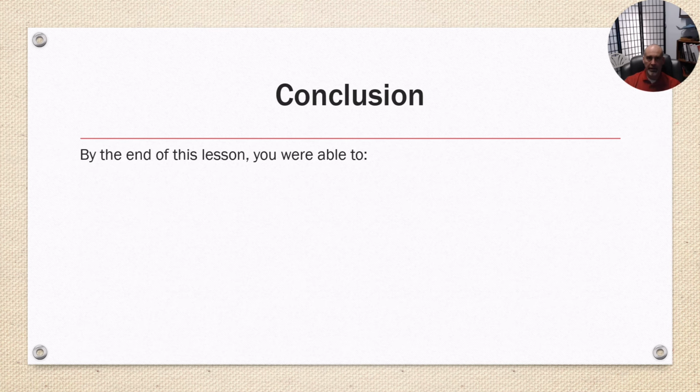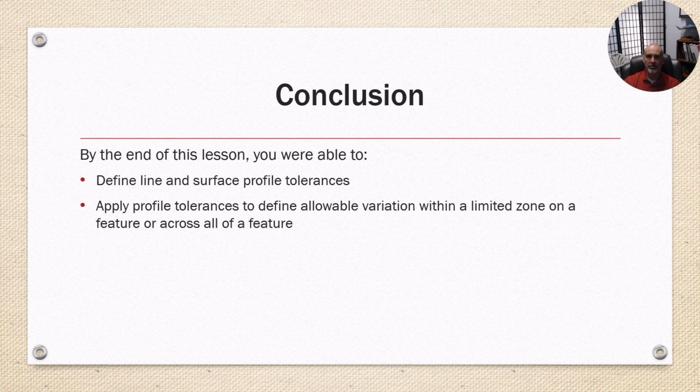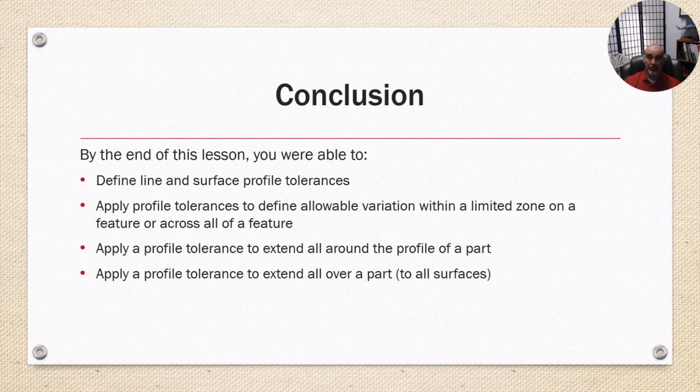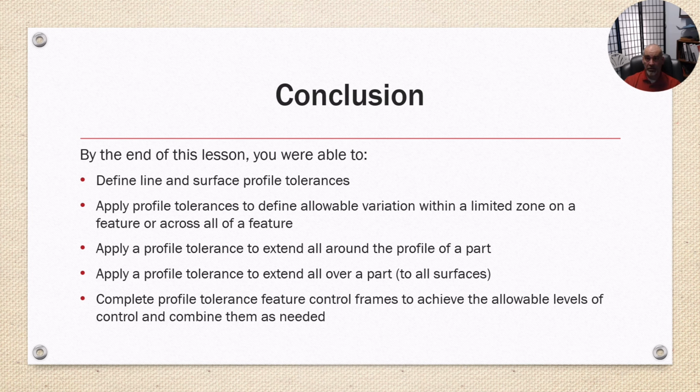Okay, in conclusion, by the end of this lesson, you were able to define line and surface profile tolerances, apply profile tolerances to define allowable variation within a limit zone on a feature or across all of a feature, apply a profile tolerance to extend all around the profile of a part, apply a profile tolerance to extend all over a part or to all surfaces, complete profile tolerance feature control frames to achieve the allowable levels of control and combine them as needed.